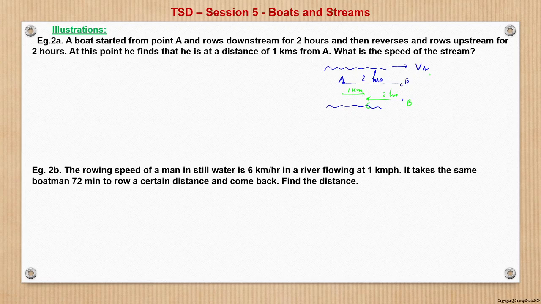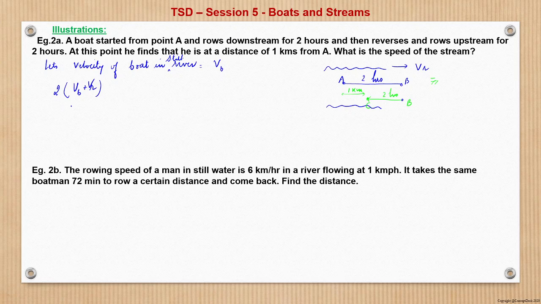Now we have to find the velocity of the river, the velocity of the stream. So how to solve? Let us assume the velocity of the boat in still water be VB. So the downstream velocity will be VB plus VR, and this is the effective downstream velocity, and at this speed the boat traveled for 2 hours.